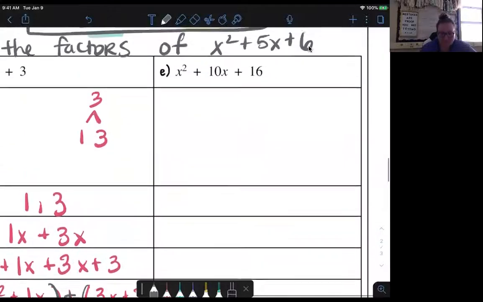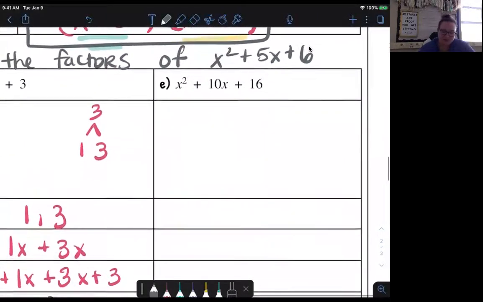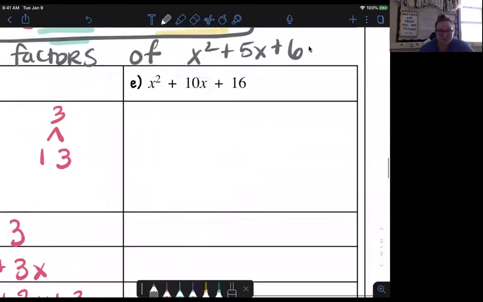All right. Now, we're actually going to make a little change to part E because I realize we don't have any negatives anywhere in this. So we are going to change one of our signs. So we're actually going to change this to x squared minus 10x plus 16. Again, I'm going to know who's actually watching these videos because you had changed it.